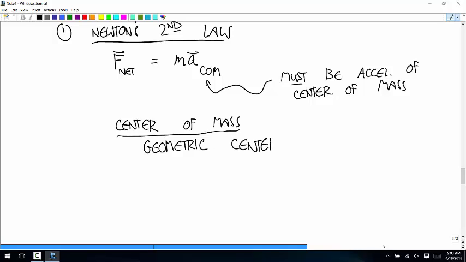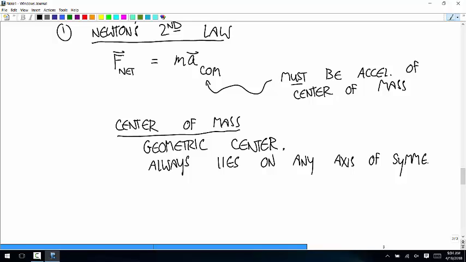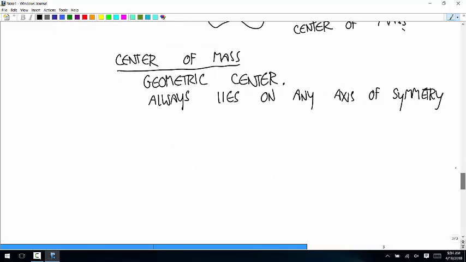And if you can find two different axes of symmetry, it's at the intersection of those two. It lies on any axis of symmetry you can find. And so that means if you can find two, it has to be at the intersection.